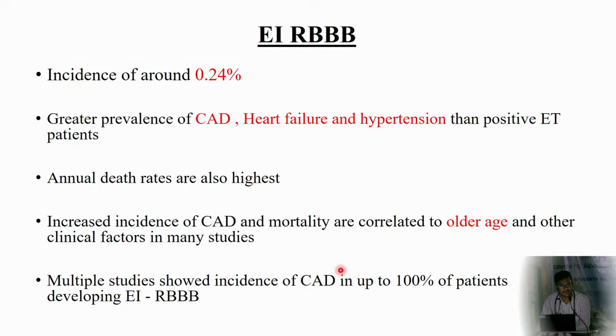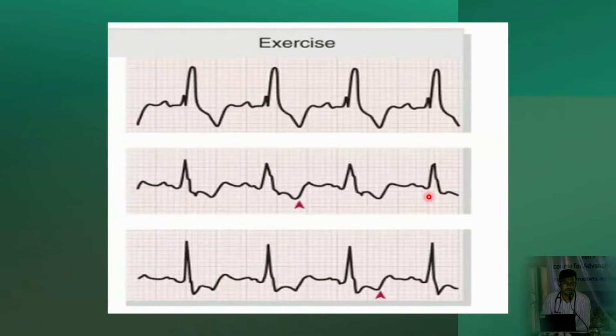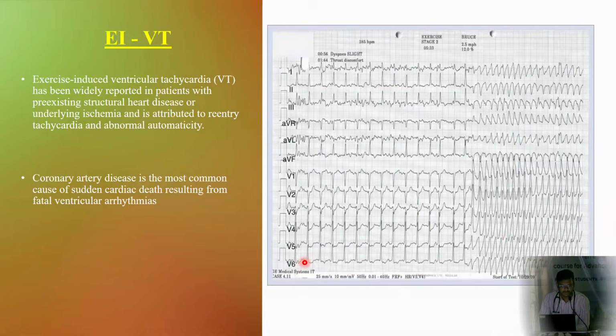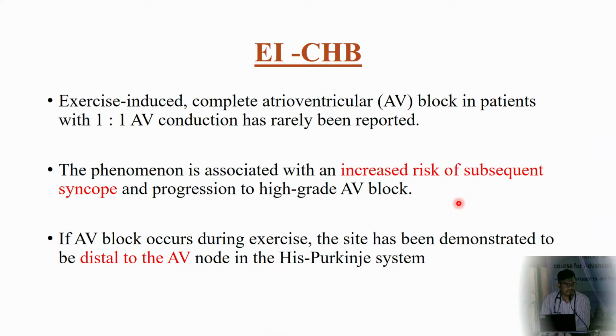Does the patient develop right bundle branch block? Yes, he can. The incidence is 0.24%, and it is also suggestive of future coronary artery disease, heart failure, and development of hypertension. Coming to exercise-induced VT, the development of VT is suggestive of underlying significant coronary artery disease, and hence further testing for anatomical stenosis is needed.